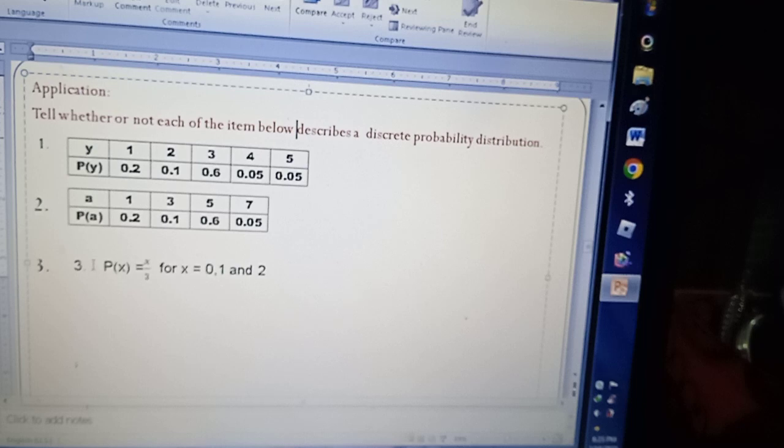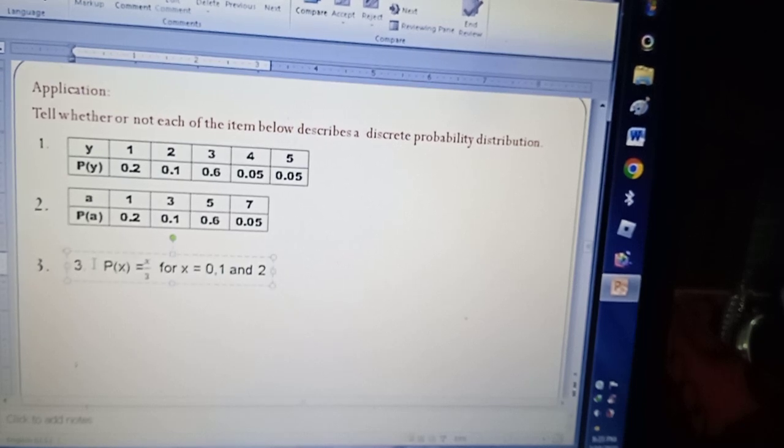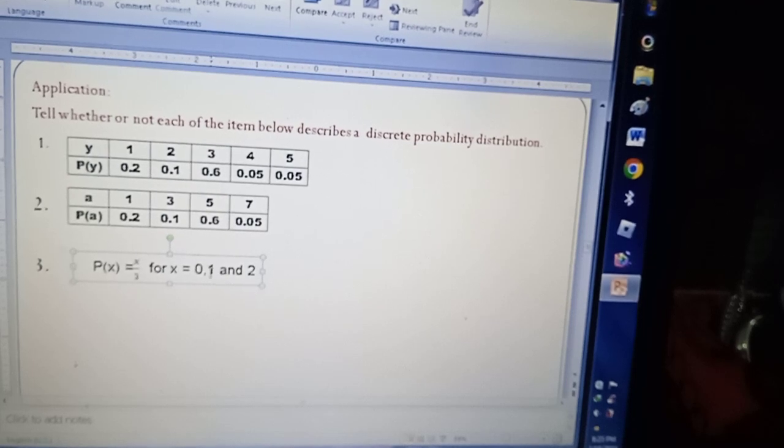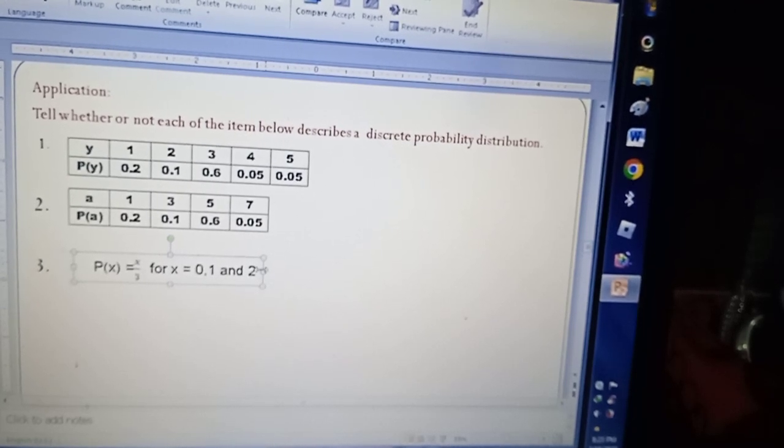Number 3. P of X equals X over 3, for X equals 0, 1, and 2.